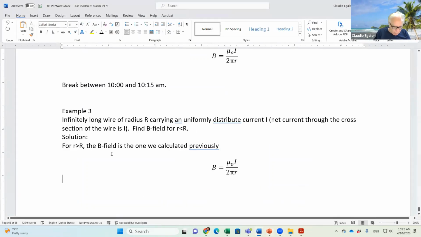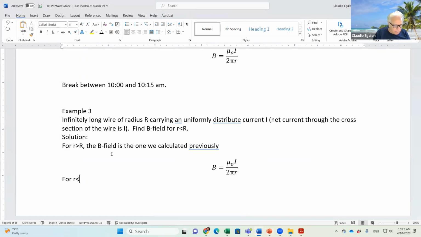Okay. For r less than big R, we must define a current density.